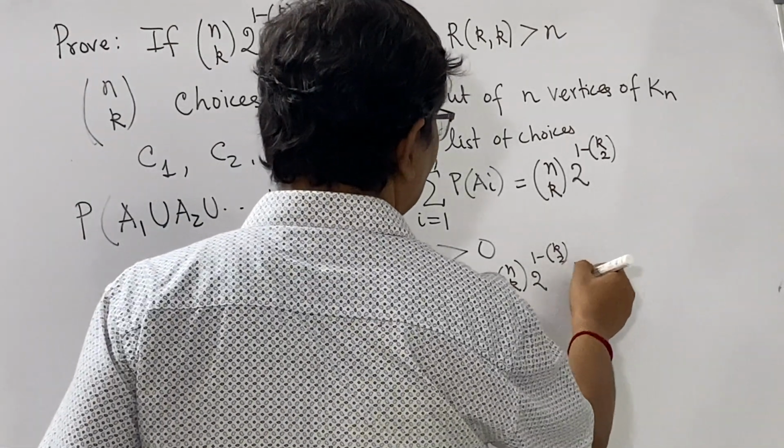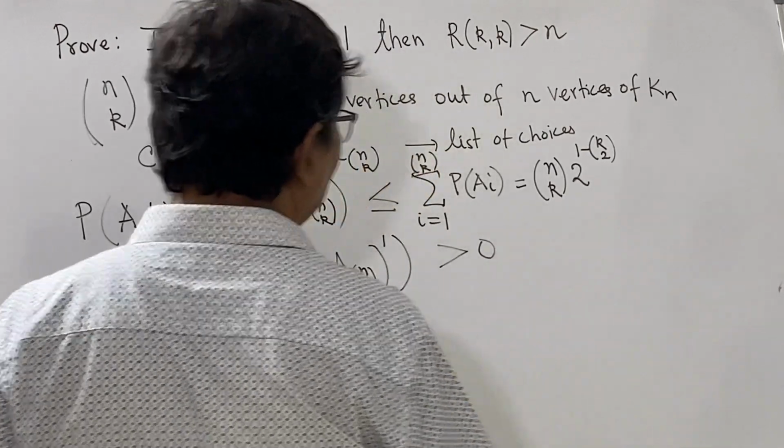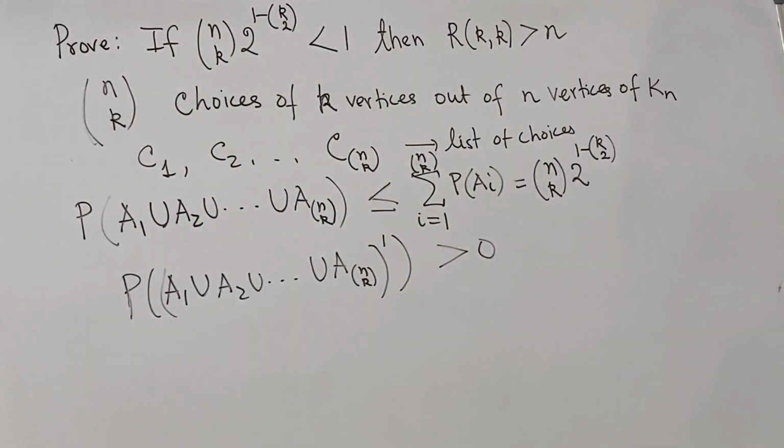Which means that the probability of the complement of A1 union A2 union A_nCk is actually greater than 0. This complement has probability at least 1 minus nCk times 2 to the power 1 minus kC2, which is greater than 0. So the probability of not having a monochromatic subgraph by this process is found to be greater than 0. Now recall that R(k,k) is an assertion of a sure existence of a monochromatic subgraph with k vertices in a complete graph with n vertices.